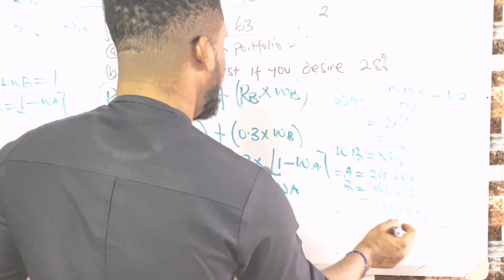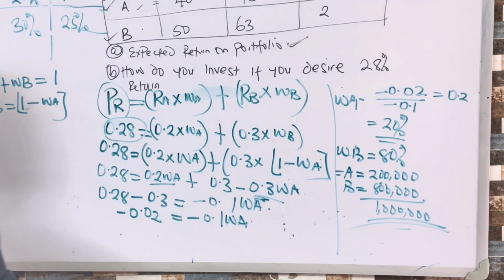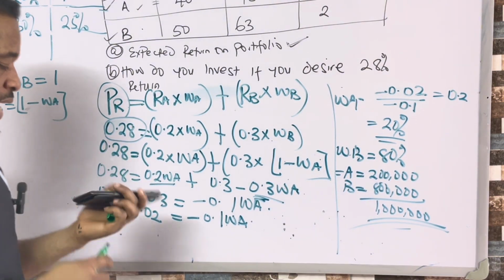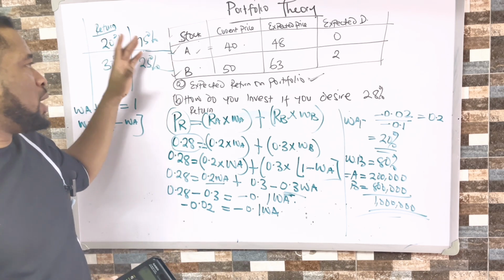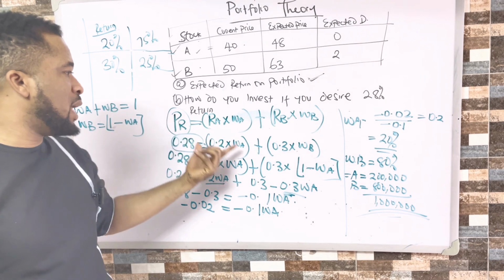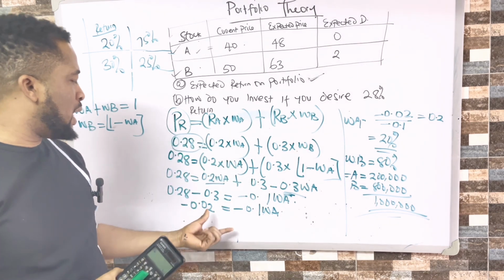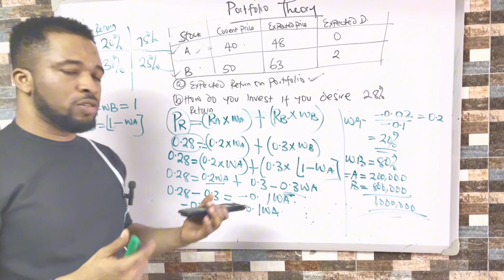And by so doing, it will give me a total return of 28%, and that ends it. So it means you can actually have more than 2, 3, 4 assets, right? All you need to do is bring as many as you have into this formula, and then you are able to do a walk back to get your expected redistribution or expected return of the portfolio.